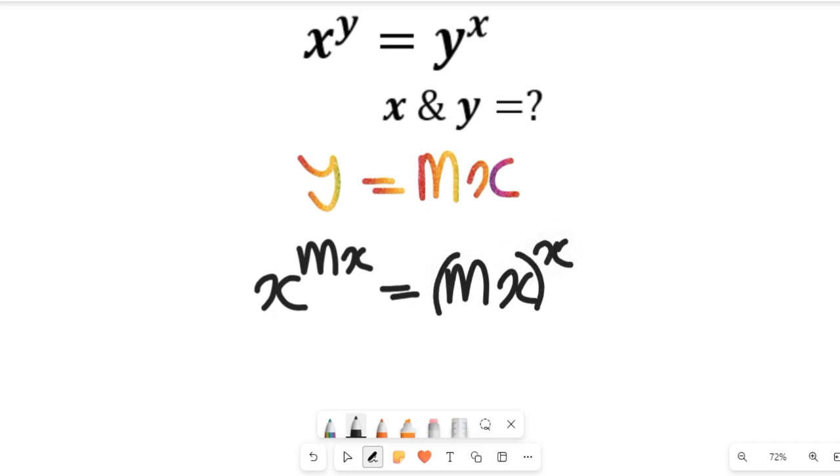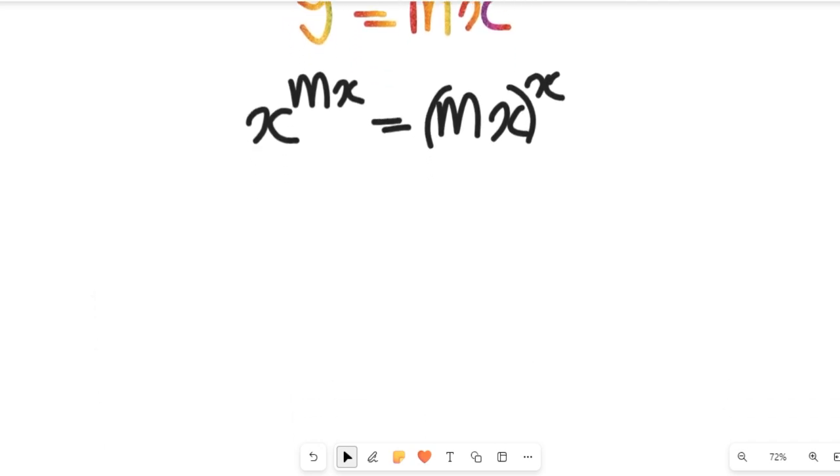Good. Now, having seen that, the next thing we will want to do is to look at how we can multiply both sides by the power of half.